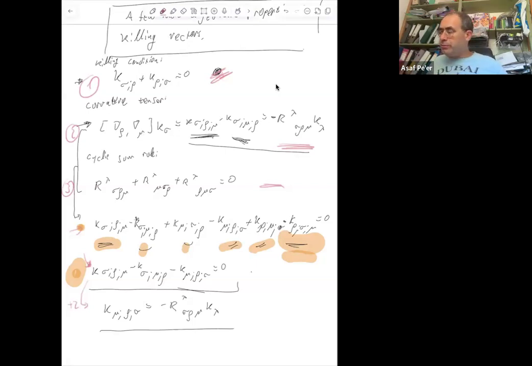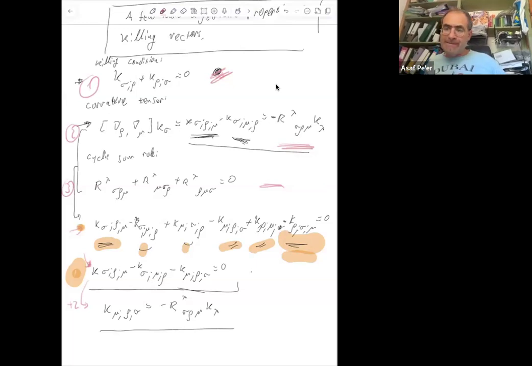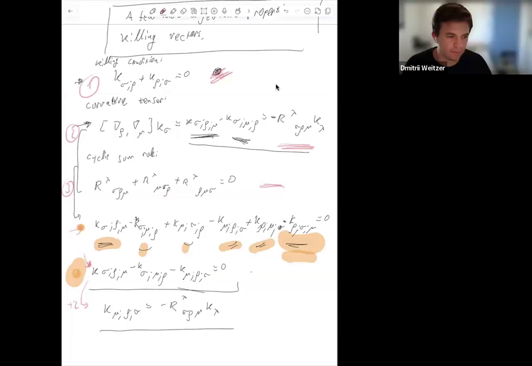So this is really equation 2, which is derived directly from the property of the curvature tensor. You with me? Yeah, thank you.